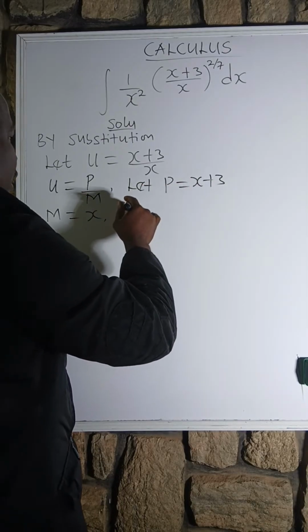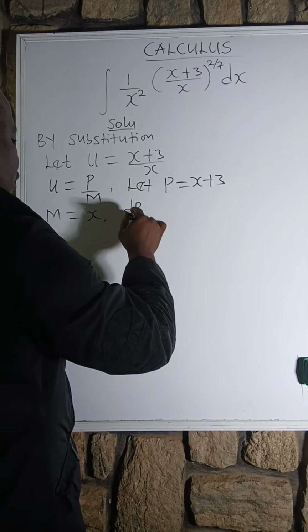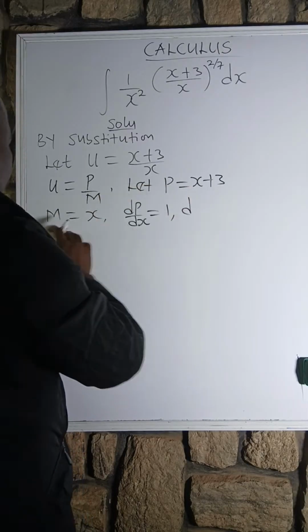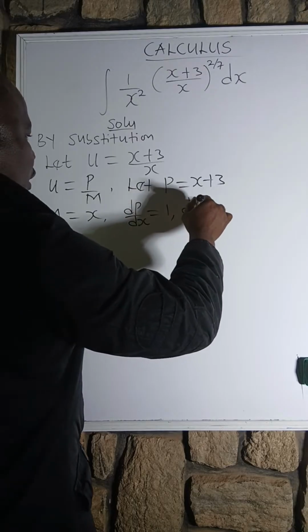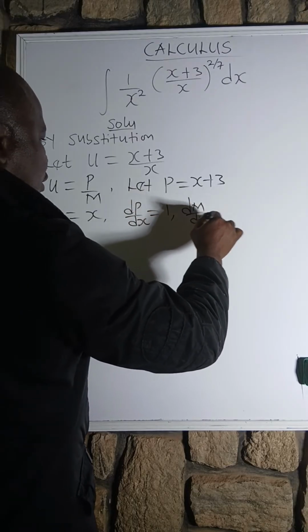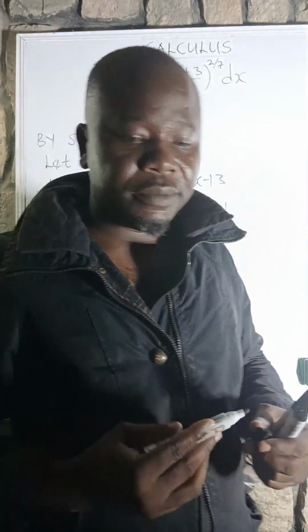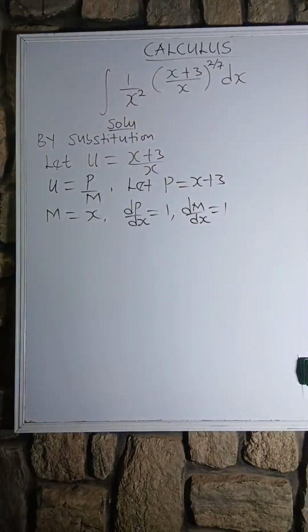So it means dp over dx is going to give us 1, and dm over dx will give us 1. True or false? Are you following? Do you have any question? You are following, right? It's okay.